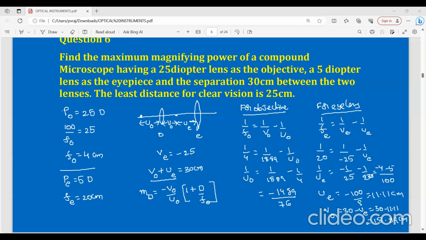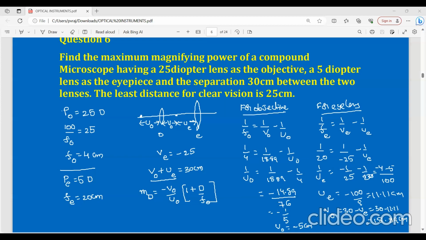Then 14.89 something, so nearly it will be minus 1 by 5 only. You will just get 5 point something, but nearly I will take here minus 1 by 5. It is for 1 by U naught. And U naught will be how much then? This will be minus 5 centimeters.